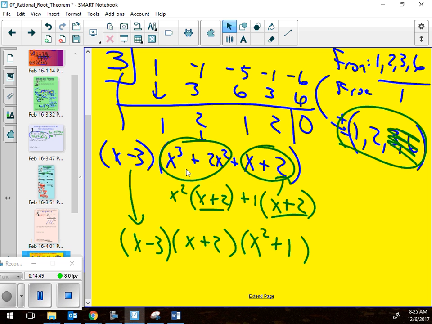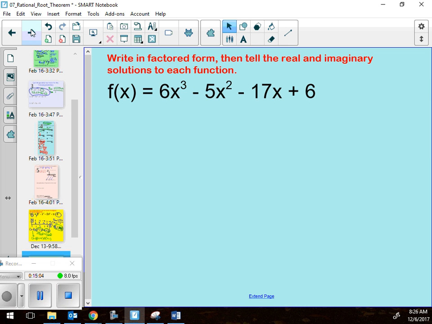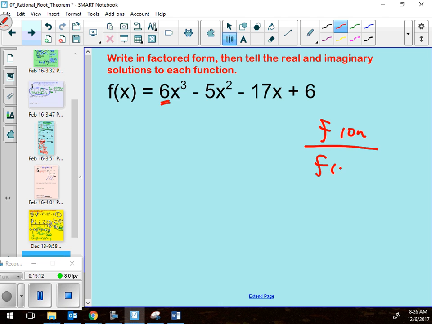What do you do if there are other factors for the coefficient, if it's not 1? Okay, then let's say on this next problem, the question is, what if this has factors that are more than just 1? So we do f over f, and there's just a lot more in your list.